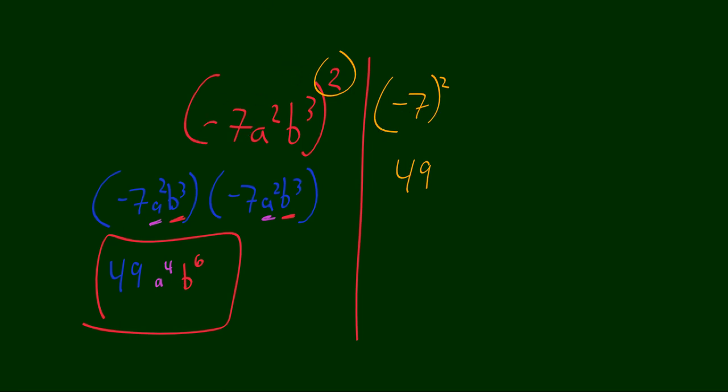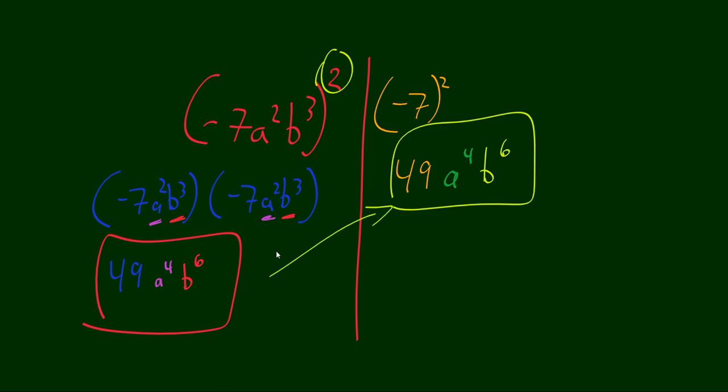The 2 exponent for a squared is a to the 2 times 2. 2 times 2 is 4. And we've also got this 2 and that 3. B cubed squared is b to the 3 times 2, which is b to the 6. Same answer, but just two ways to look at it. Both of them work. Whichever one is most familiar to you at this point, you should probably stick with.